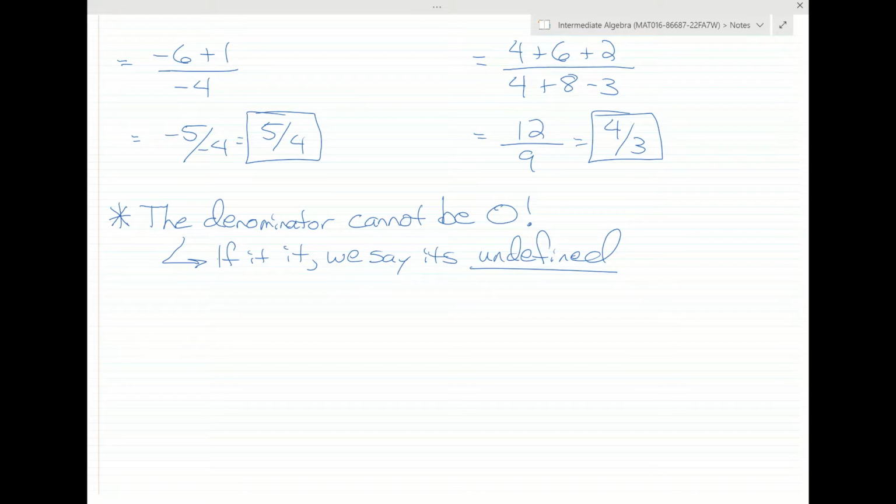Let me show you some examples here. What if I asked you to find the values where the expression is undefined.